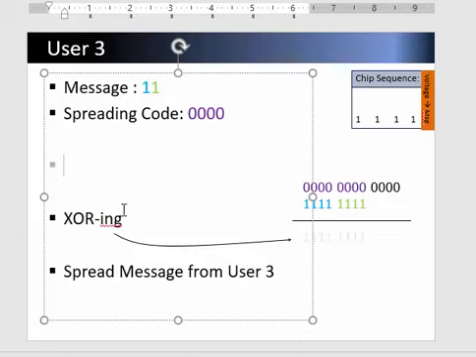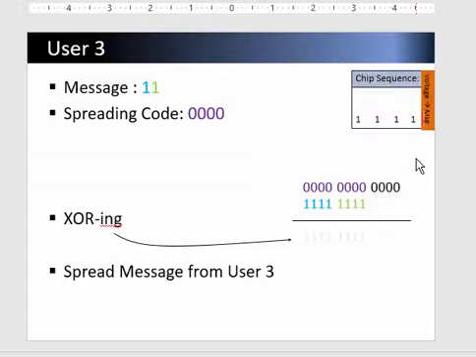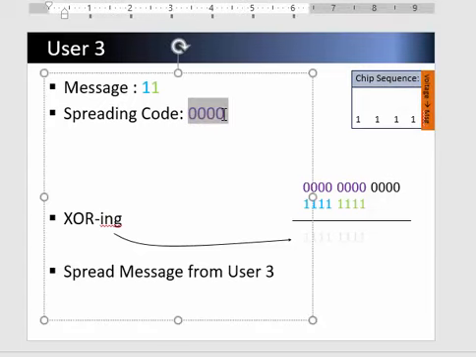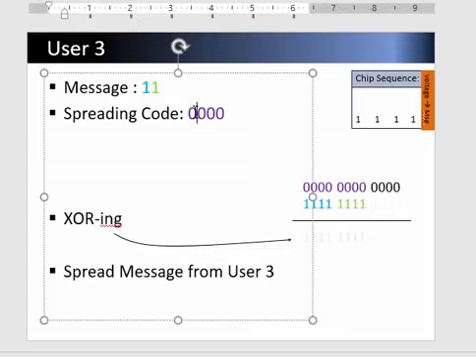So having this 4 digits of chipping sequence, each digit is a binary 1 or 0. Therefore, we have only 4 distinct chipping sequences, which means maximally we may have 4 senders.